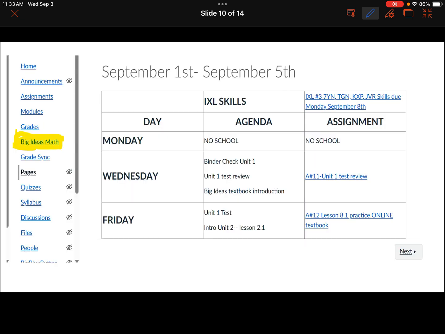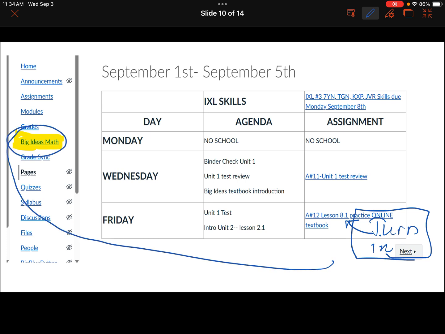Okay, so in class Tuesday and Wednesday, I showed you how to get here. This is where you turn it in. If you click on it right now, there will not be an assignment. Do not send me an email that says, I can't find the assignment. It's not there. The assignment is in your textbook, which is always over here on the left.